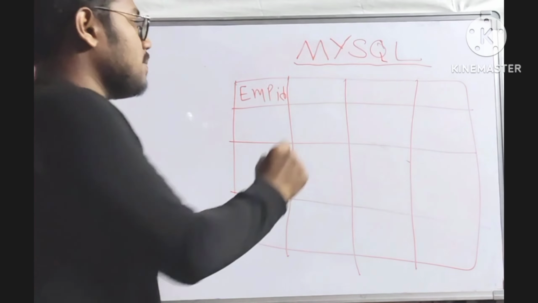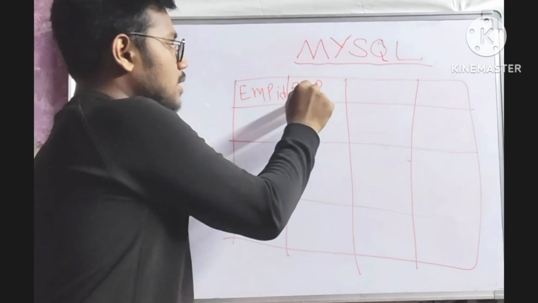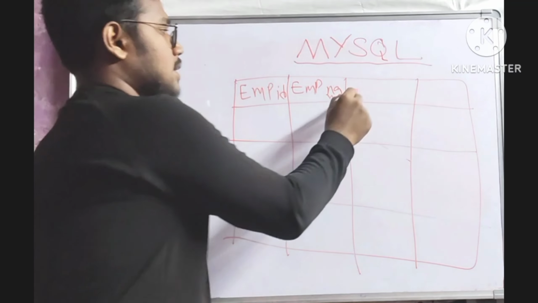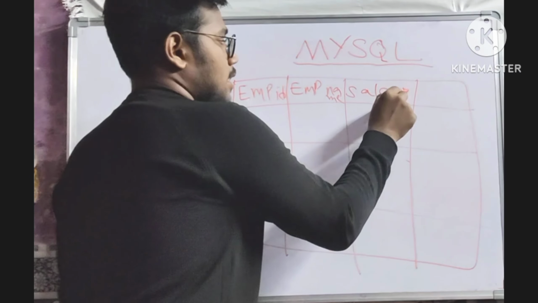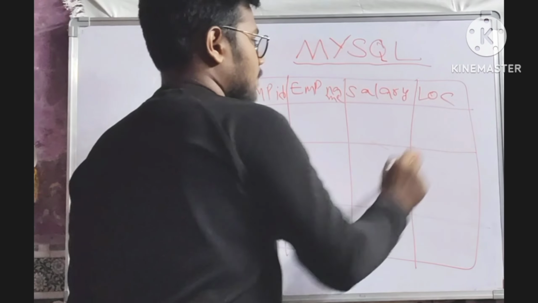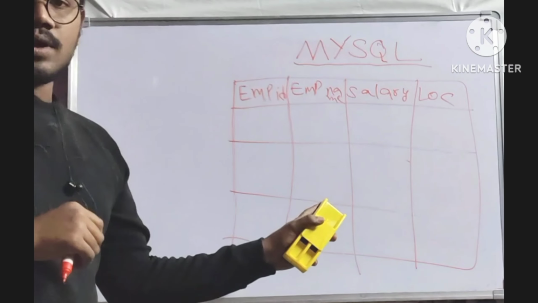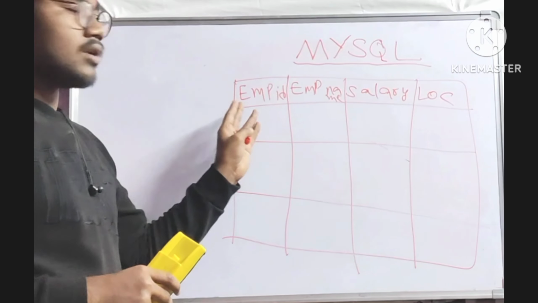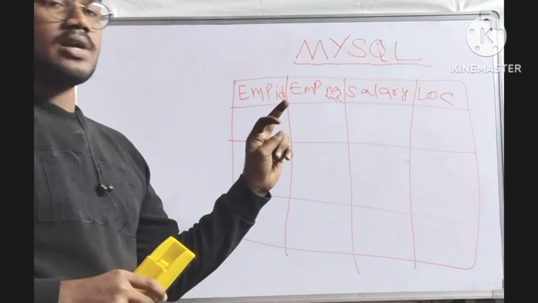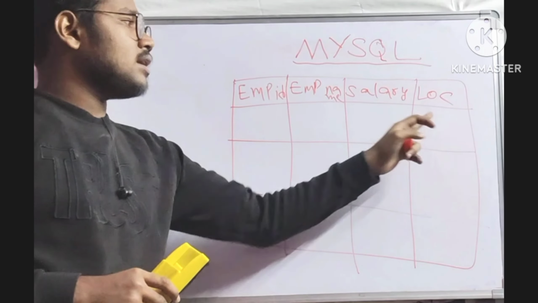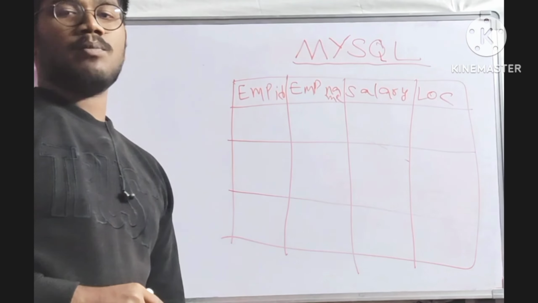The second column name is the employee name, the third column name is the salary of the employee, and the fourth column name is the employee location. So this is the structure of the employee table. The structure contains totally four columns: the first one is the employee ID, the second one is the employee name, the third one is the salary of the employee, and the fourth one is the location of the employee.